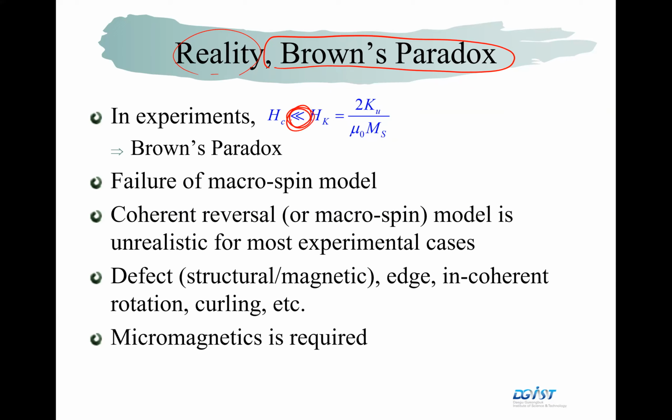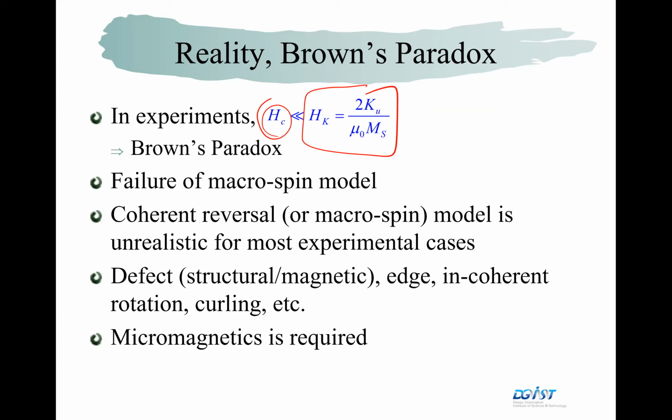This means it's a failure of this macroscopic model. There are many reasons why Brown's paradox appeared, but there are so many that it's not easy to simply say. But still, this number is very important, and the experimentally measured coercivity is also important.